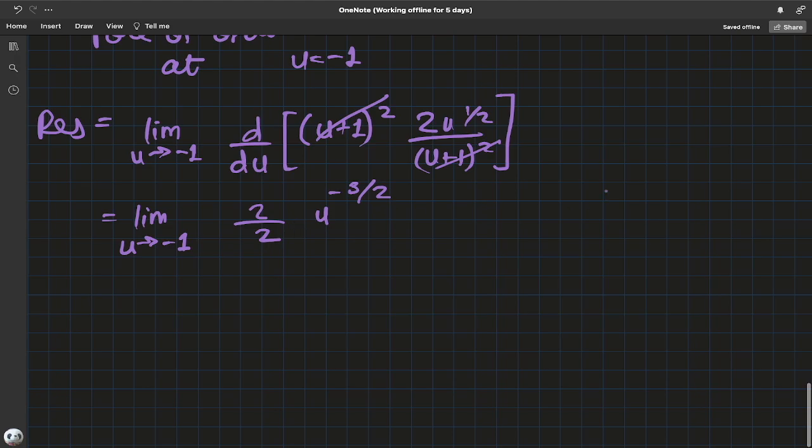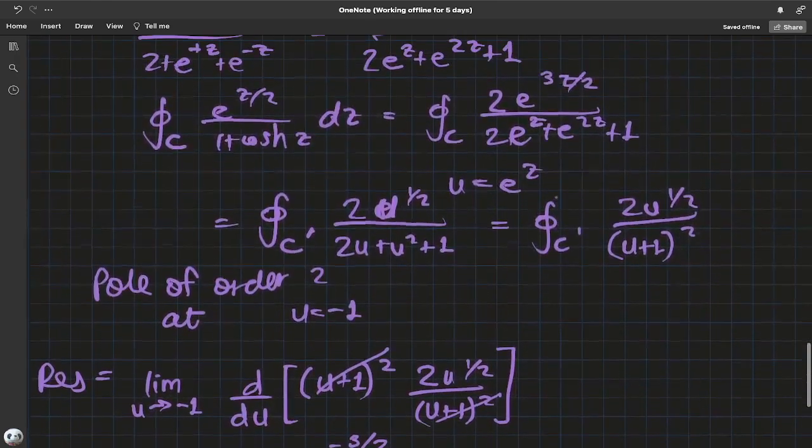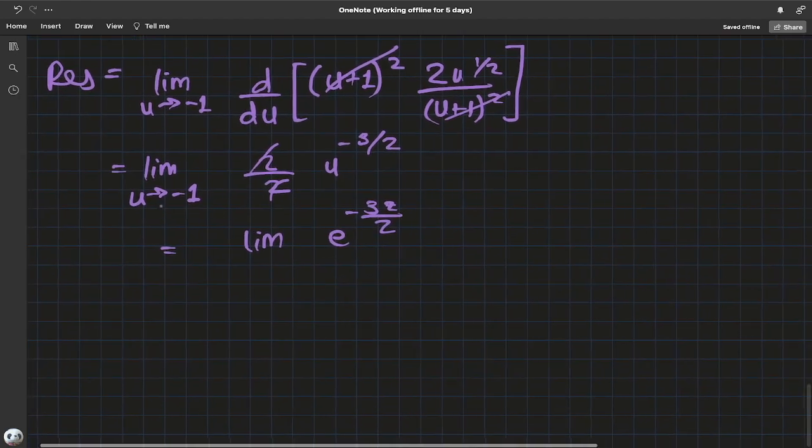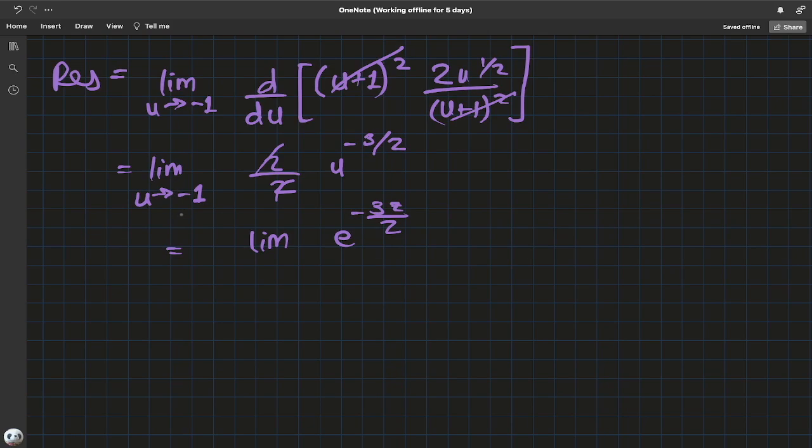So let's just resubstitute, because u was, I believe, e raised to z. So this cancelled out, e raised to negative 3z over 2, and the limit will go to negative 1.